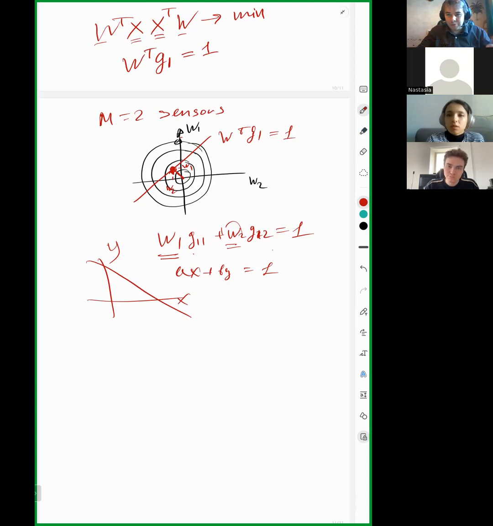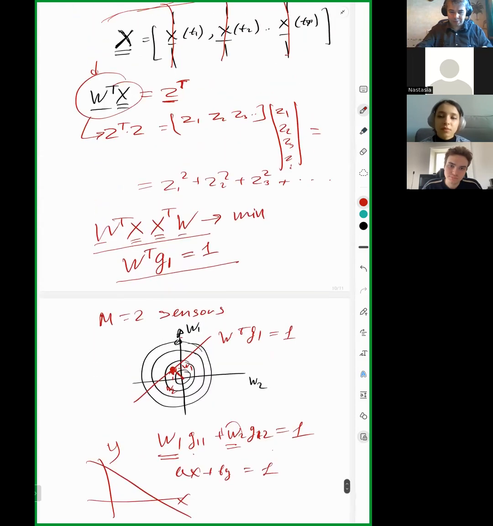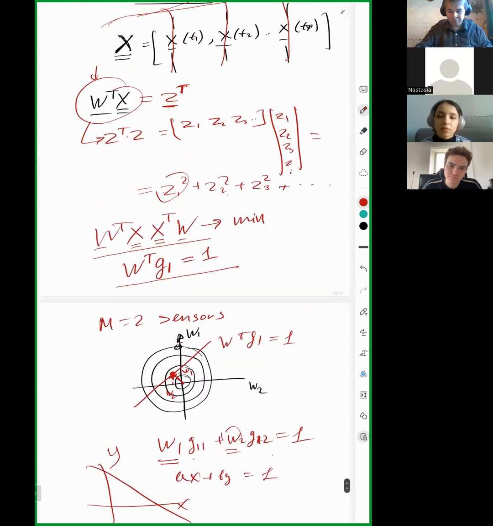Here you have a quadratic program with a linear constraint, and you want to minimize the variance at the output. The sum of squares you can call power or variance, assuming it's zero mean, so when you sum them up it's simply a variance.